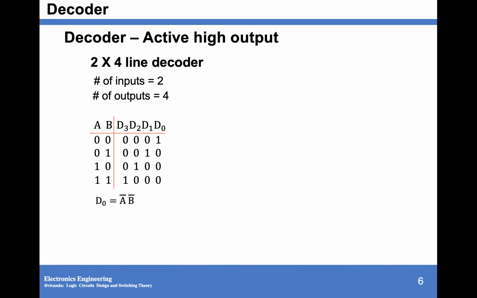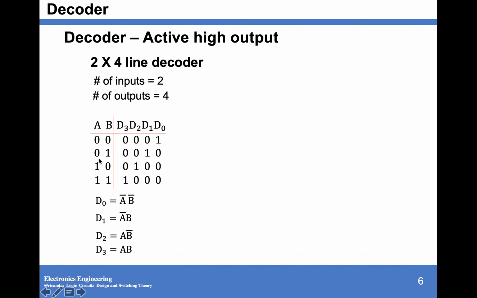If we have to do the circuits, first we have to get the expression for D0, that is 0, 0 for your A and B, so that is A bar B bar. D1 is A bar B, then D2 is A B bar, and D3 is A B. So you can see that D0 belongs to 0, 0, that is A bar B bar.